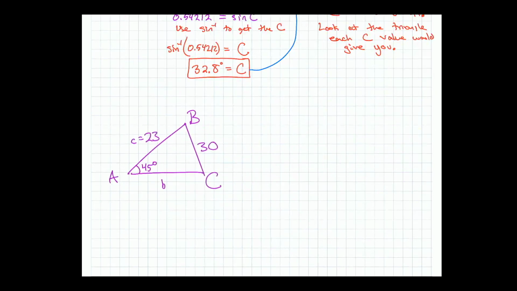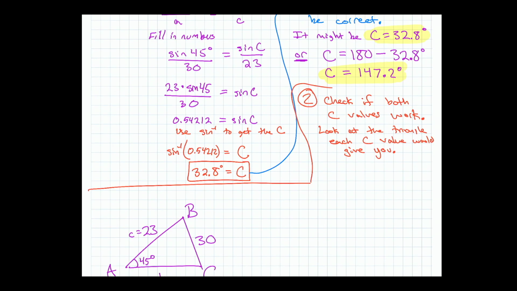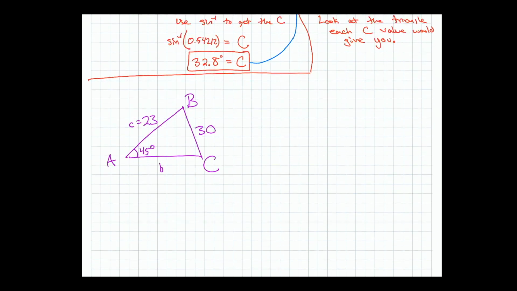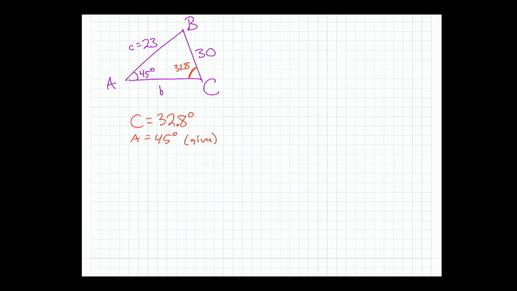All right. On one of them, we've just determined that C, so this is like this. One of them is C equals 32.8, right? So that means that this right here is 32.8. So if this is your triangle here, 45 and 32.8, if A is 45, that was given in the problem, then what would B be?